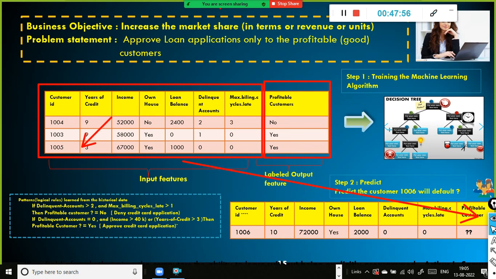That is where, as a data scientist, we are supposed to do some tuning. If I train the machine learning algorithm with the historical data, and it predicts accurately, then why is a data scientist required, right? So we cannot always expect the machine learning algorithm to give the accurate predicted label output. It can make some kind of misclassification also. That is where, as a data scientist, we need to do tuning.